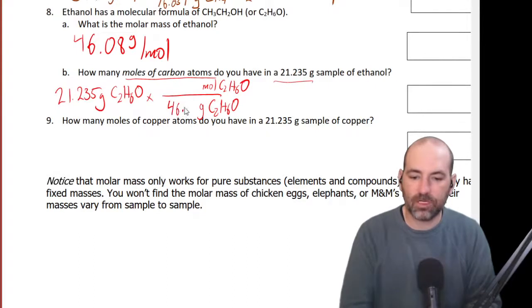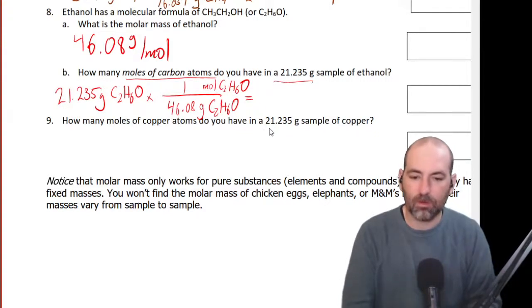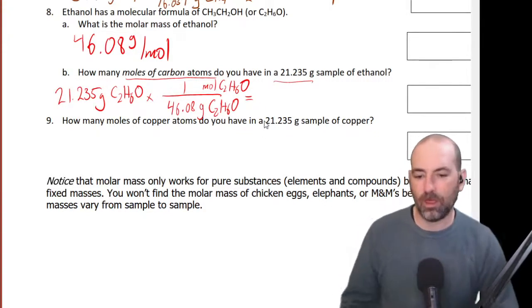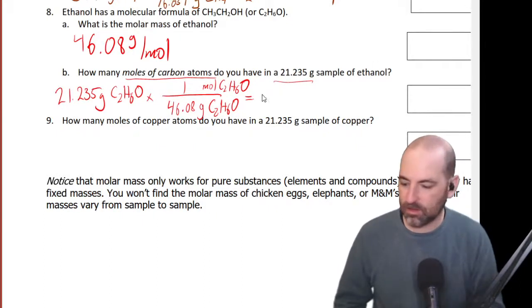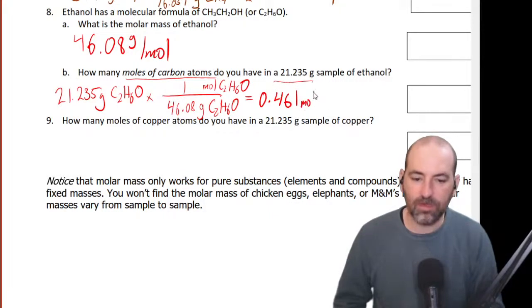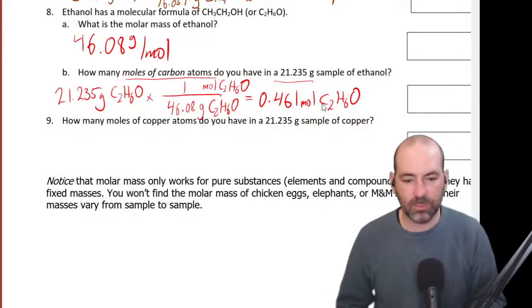So that's 46.08 and 1 mole. And then that gives us 0.461, and then we have to remember that's moles of ethanol. So that hasn't answered the question yet, but that's given us moles of ethanol.